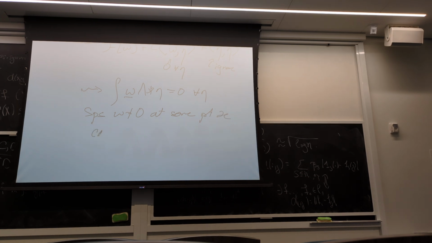Then we can choose eta with support in some epsilon ball of x, such that the integral of omega wedge star eta is greater than 0. Basically, we can take eta equal to omega times some phi, which is some cutoff function.